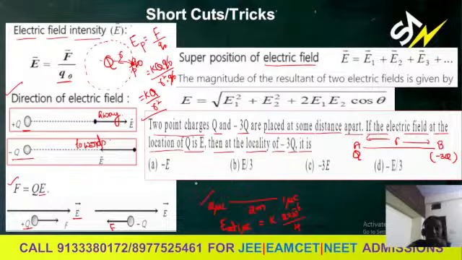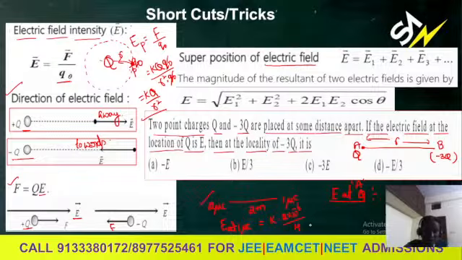Now they are saying the electric field at the location of Q is E. So we can write E at Q, which is E only, equal to K into 3Q by R square. And in which direction? At Q due to negative charge. E at Q is nothing but at point A.